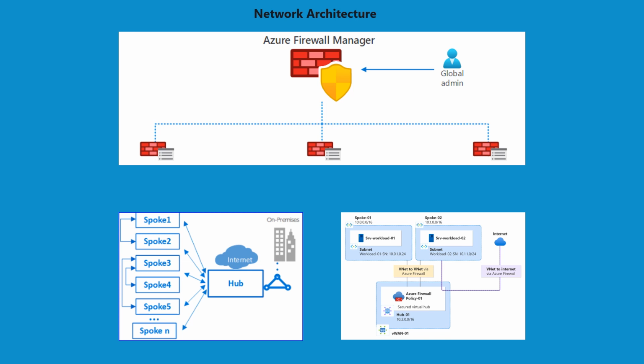In the first example, you need to create this hub VNet manually, and then you are going to set up these spokes and the pairing. Everything is going to be manual effort. In the second scenario, if you go for virtual WAN, it is a managed service, and inside that you are going to have a lot of flexibility.